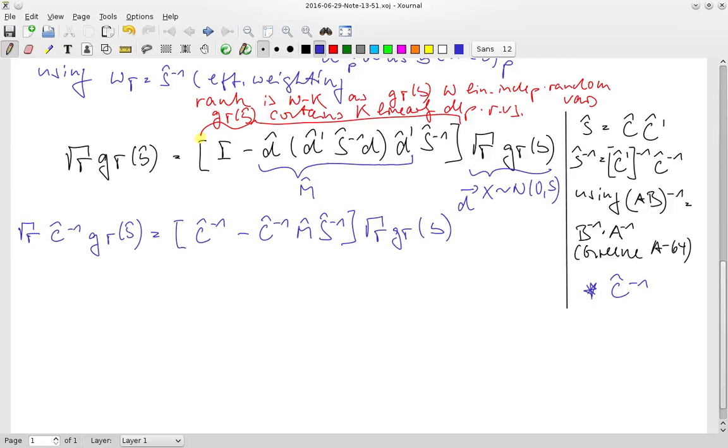Okay, so this is what I did on the right hand side. I have to pre-multiply the objects with the matrix, and that does the job.